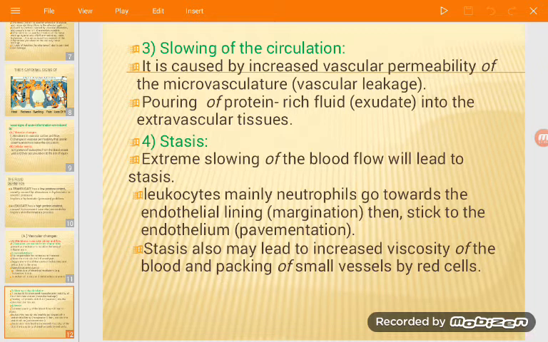This stasis also assists leukocytes to marginate, to be located at the margins of the blood vessels, and then adhere to the endothelium and try to go through the interendothelial openings to the extracellular space, and this is called transmigration.